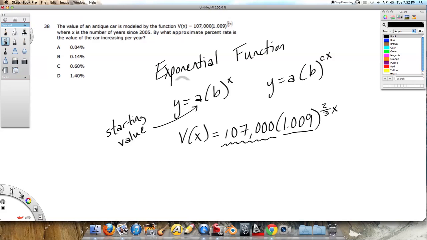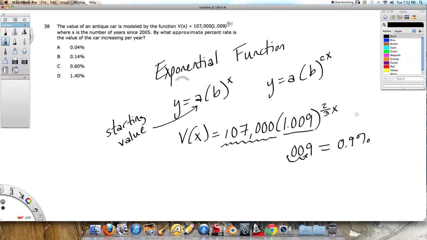So if we take out this 1, we're left with 0.009. That ends up being about 0.9%, because remember, to go from a decimal to a percent, you move the decimal over 2 places.